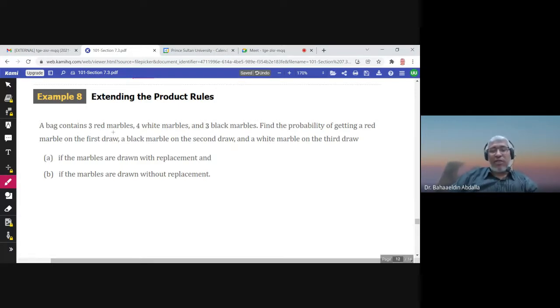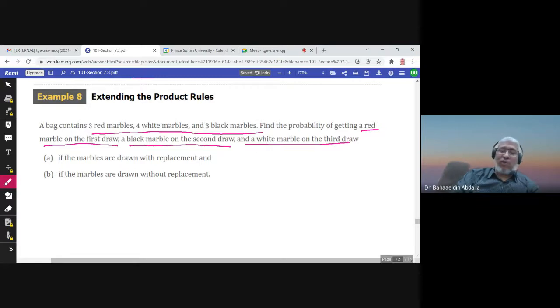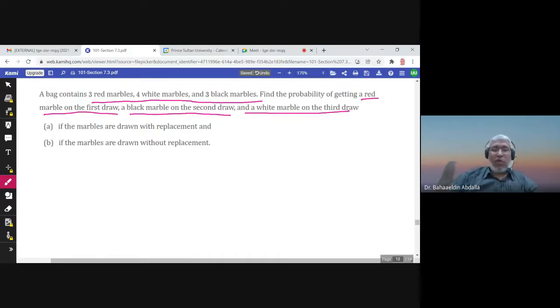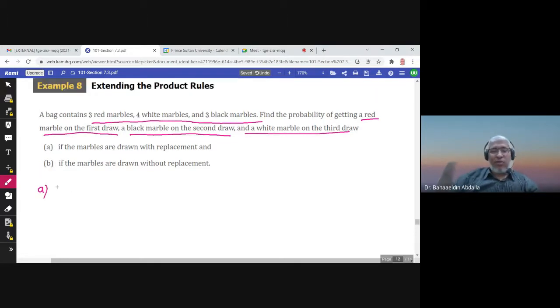A bag contains 3 red marbles, 4 white marbles, 3 black marbles. So the total number is what? 10. Find the probability of getting a red marble on the first draw, a black marble on the second draw, and a white marble on the third draw, if the marbles are drawn with replacement. With replacement, we need to find the probability of obtaining red and black and white.